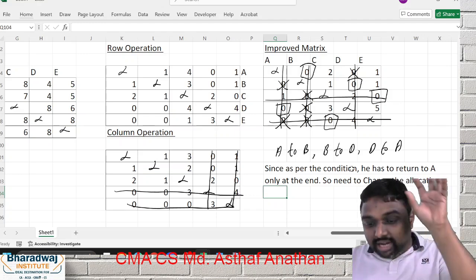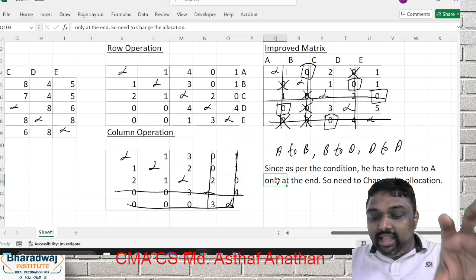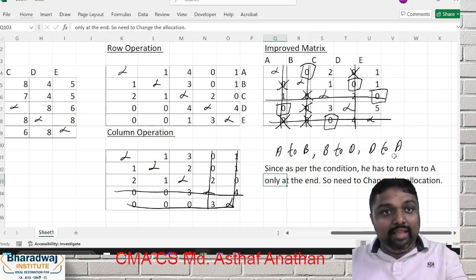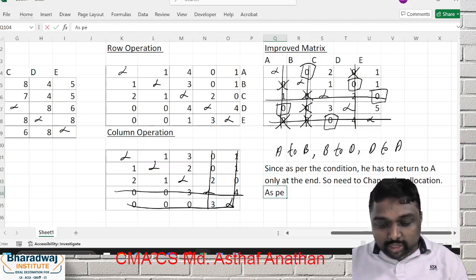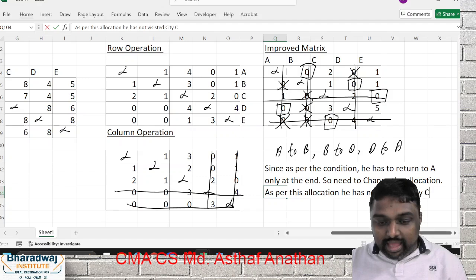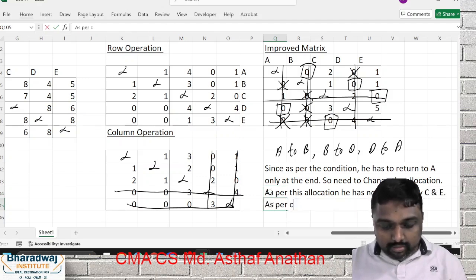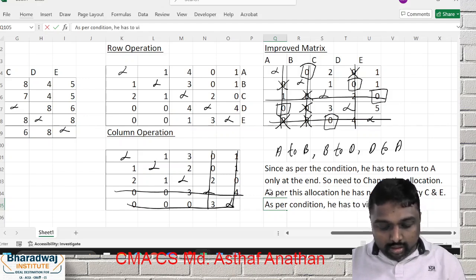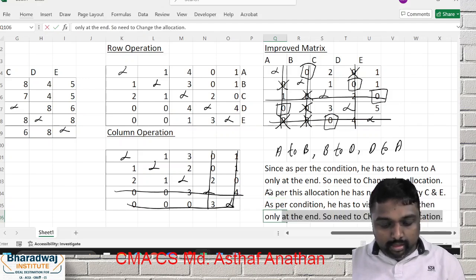So, as per the condition, he has to return to A only at the end. But here, from D, he has not visited cities B, C and E as per this allocation. As per the condition, he has to visit the whole city and then only return.